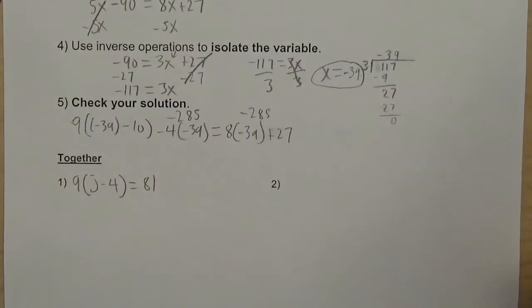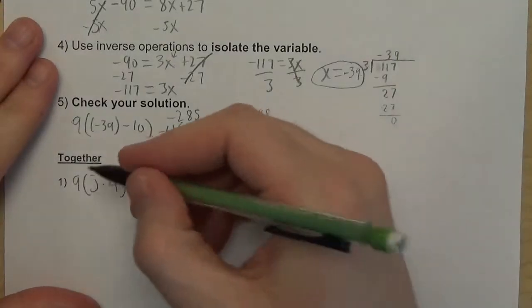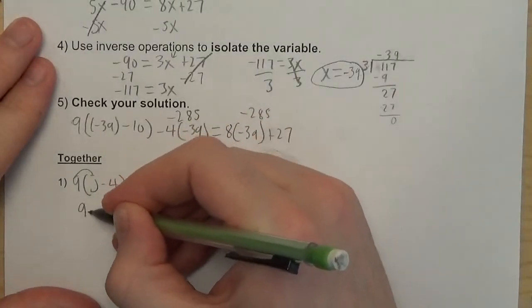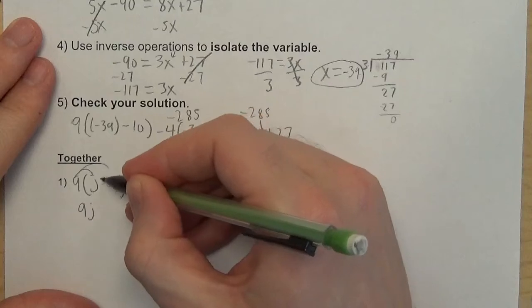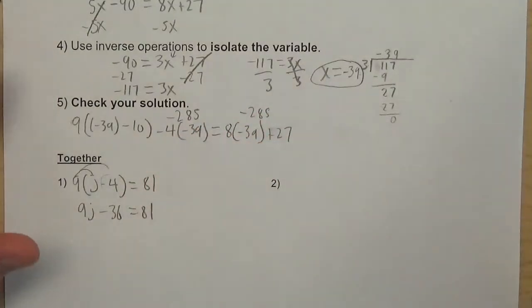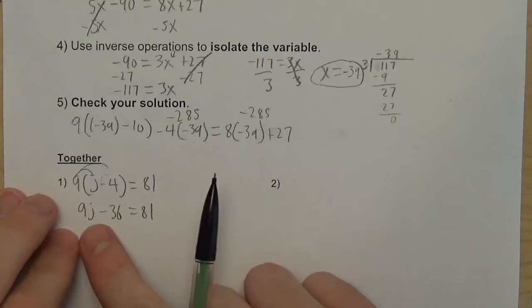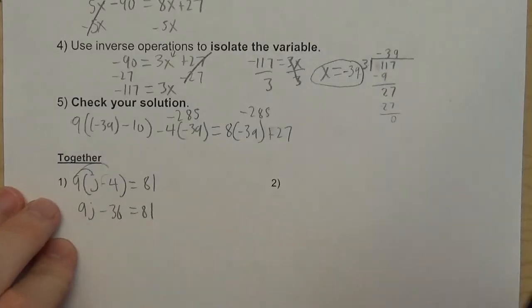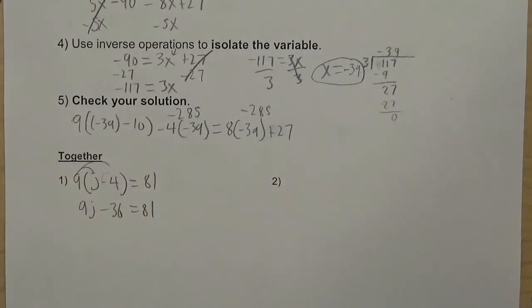Step number 1 today, use the distributive property to eliminate parentheses. We do have some parentheses here, so 9 times j is 9j, and 9 times negative 4 is negative 36, equals 81. Step number 2 is to combine like terms on each side of the equation, and we don't have any like terms here or here, so that step doesn't apply.